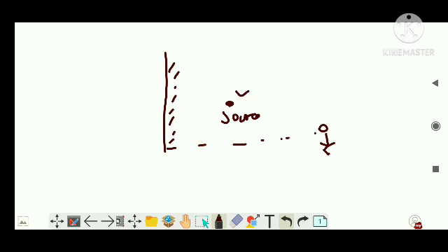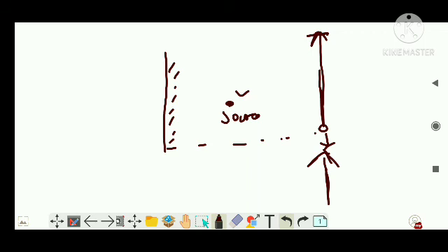Your question is: if you are walking in this direction, for how much distance will the image of the source be visible to you, or what maximum stretch can the man see the image of this source? Let the source be S.